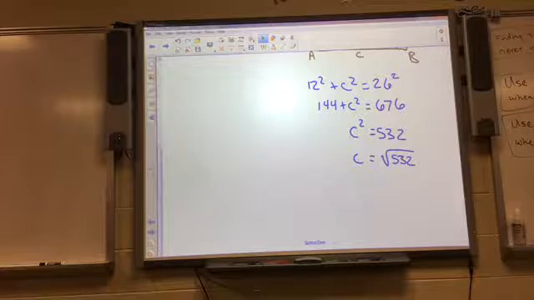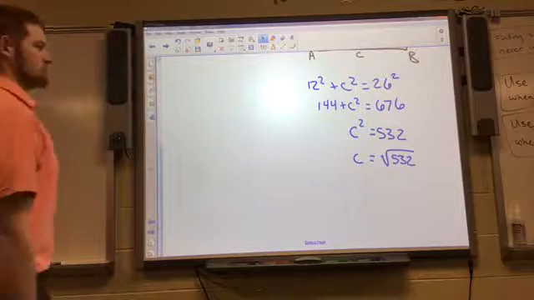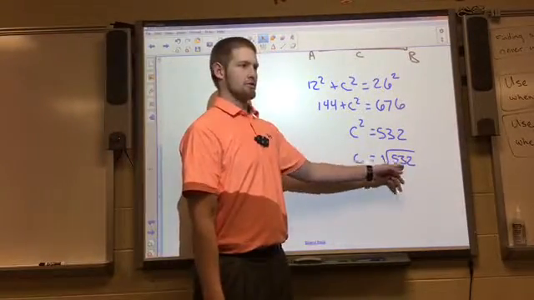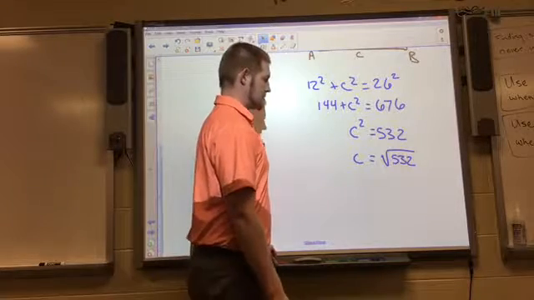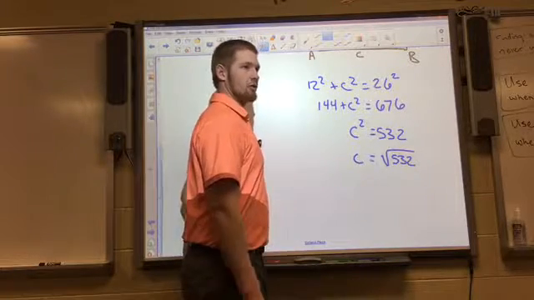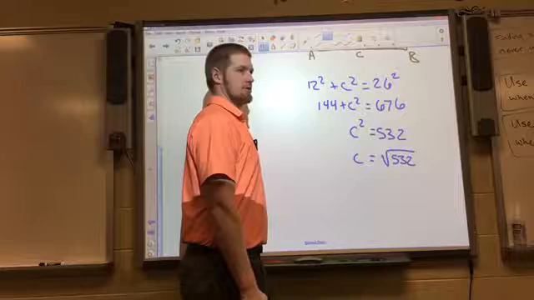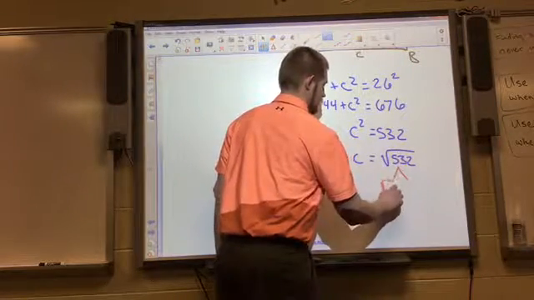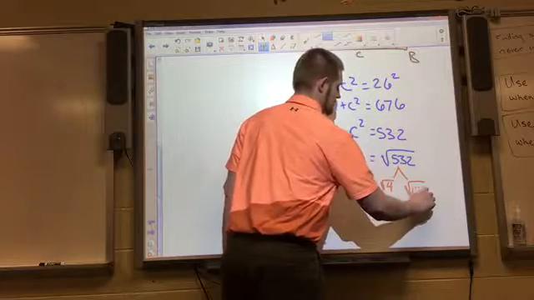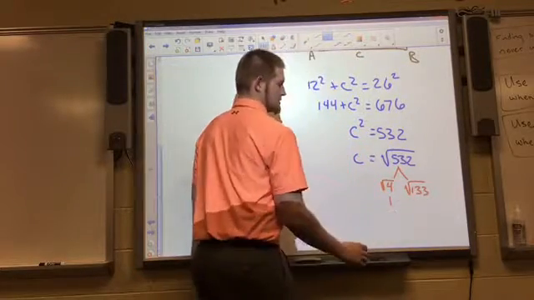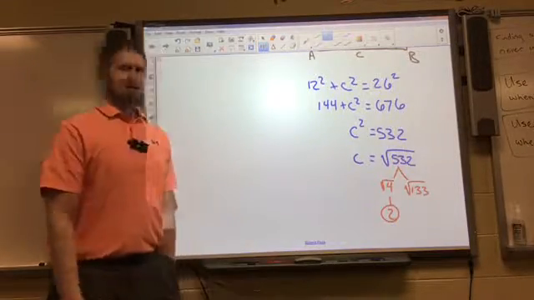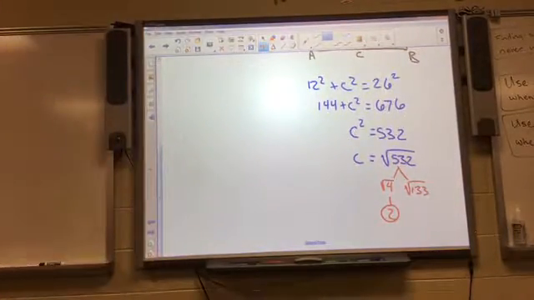What do I need to try to do? Reduce my radical. So the smallest one that might come out of that is a 4. Looks like it might. So let's try that. Because 4 comes out of 32. Does it come out of 532? How many times? 133. Square root of 4 is 2. 133 doesn't sound like anything comes out of it.